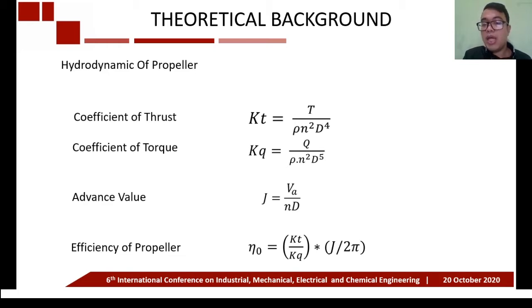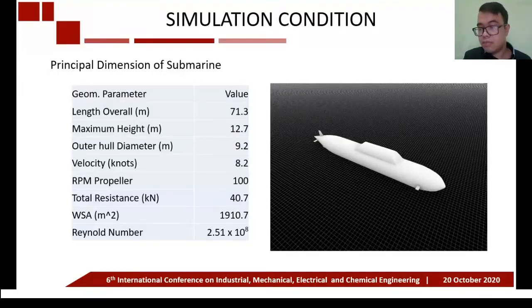The propeller model has characteristics that describe its hydrodynamic ability. The results computed by CFD usually refer to thrust, torque, and efficiency. The hull form from the previous study was used in the present study. The ship's resistance was obtained as 40.7 kN at 8.2 knots based on the previous study.